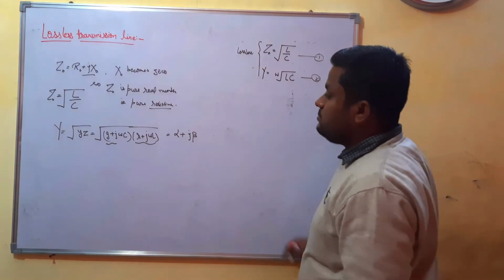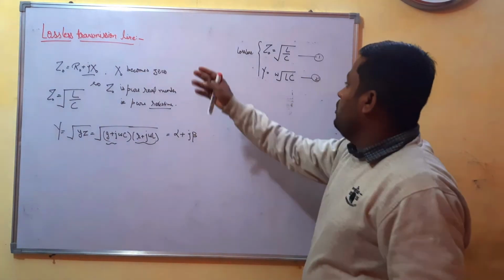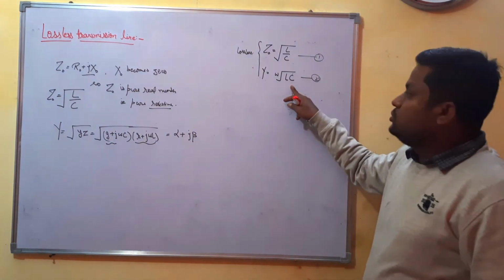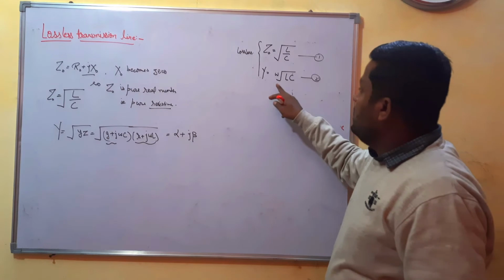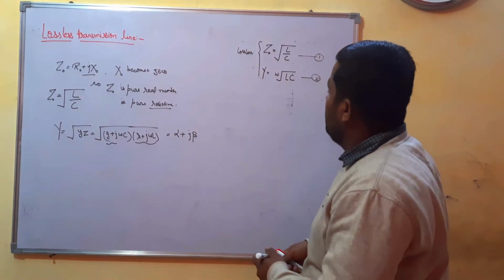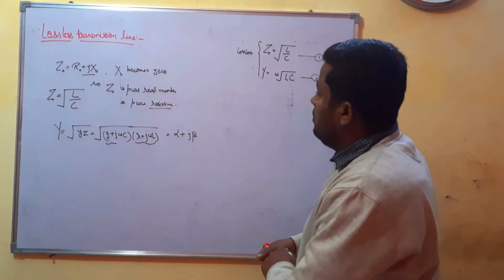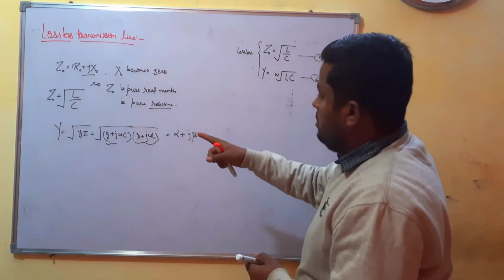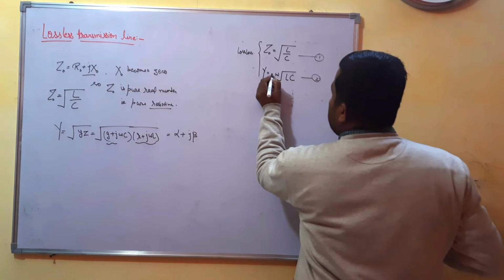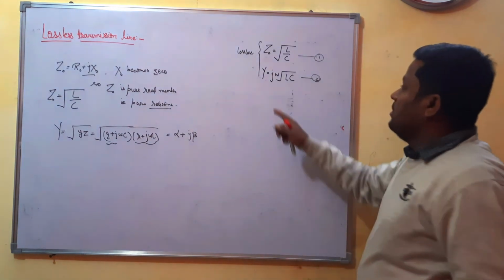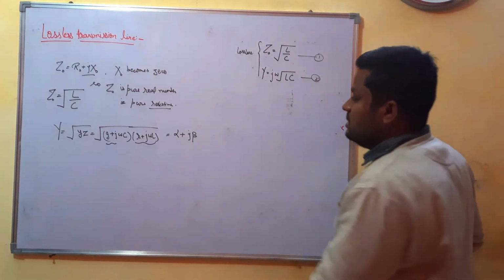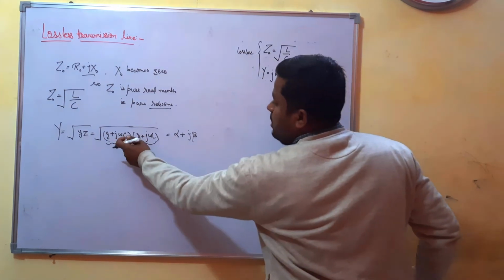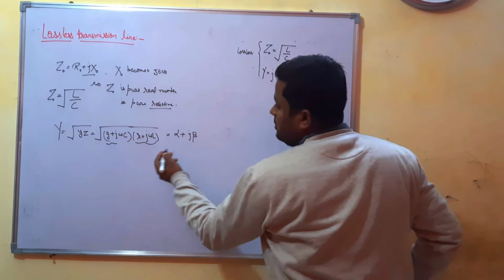From here, as we derived, for a lossless transmission line gamma is equal to j omega under root LC. Please correct here, because if we put R equal to 0 and G equal to 0, then j will be outside.